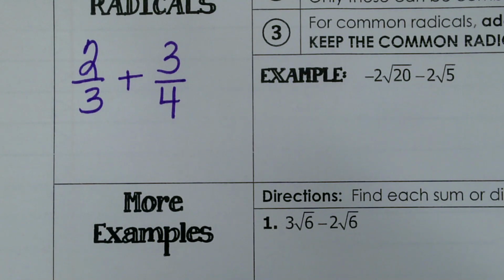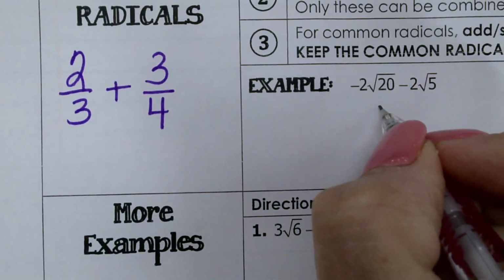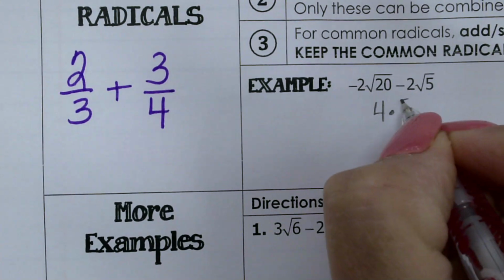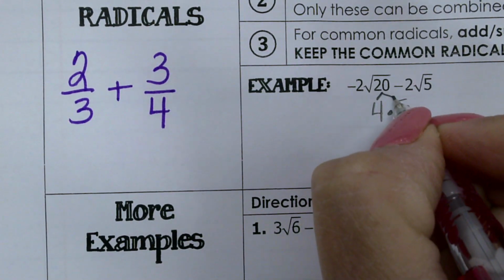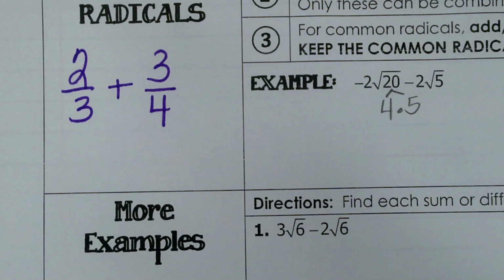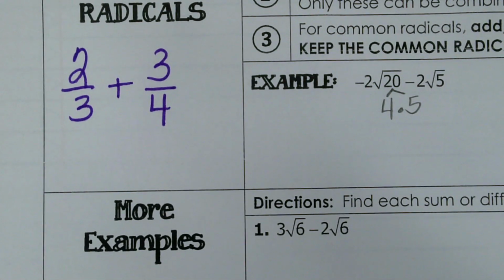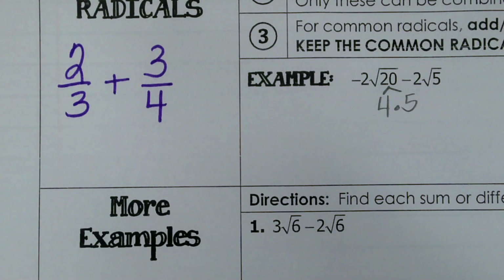So 20, 10, no decimals, 5, 4. Okay, to make 20, it's 4 times 5. So write it down. So basically, I'm busting up or breaking apart that 20. And I'm trying to find a common denominator, a common radical.